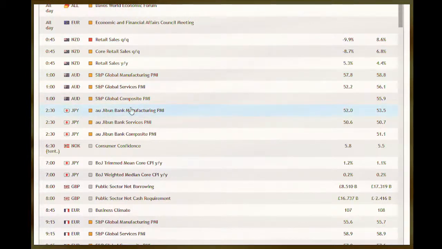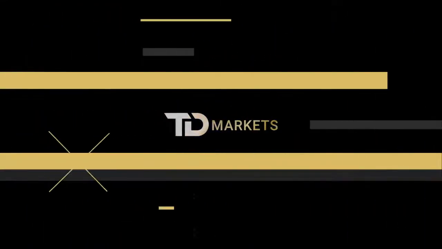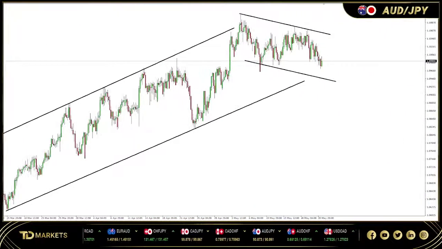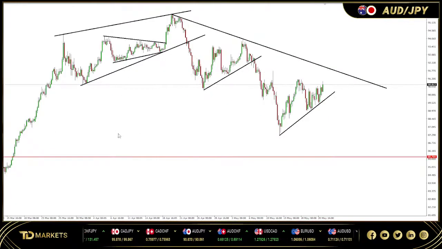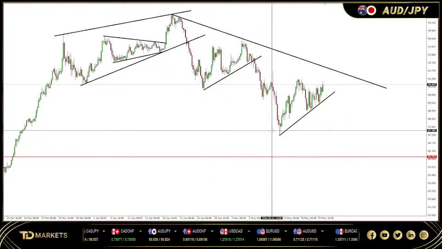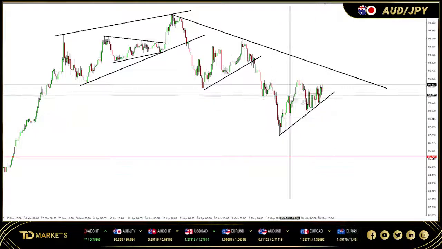We're going to head over to the charts and take a look at the setups for this session and see how they will move. The first one here is AUDJPY. AUDJPY is now in a corrective wave.